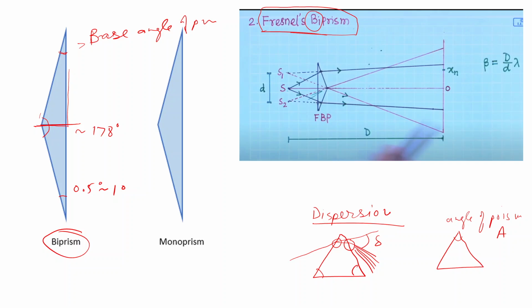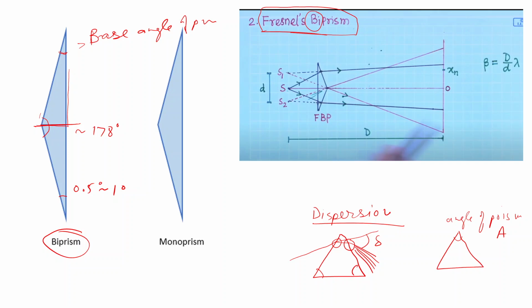Okay, so this same biprism, Fresnel's biprism, when we use it, also gives us two independent sources of waves or light, which will give us an interference pattern. Again, how do we get it? Using a single source.